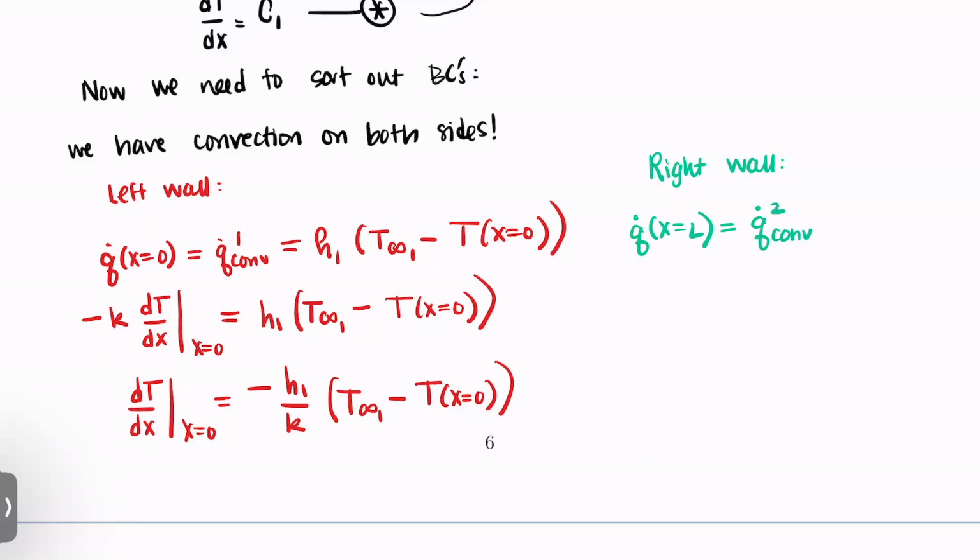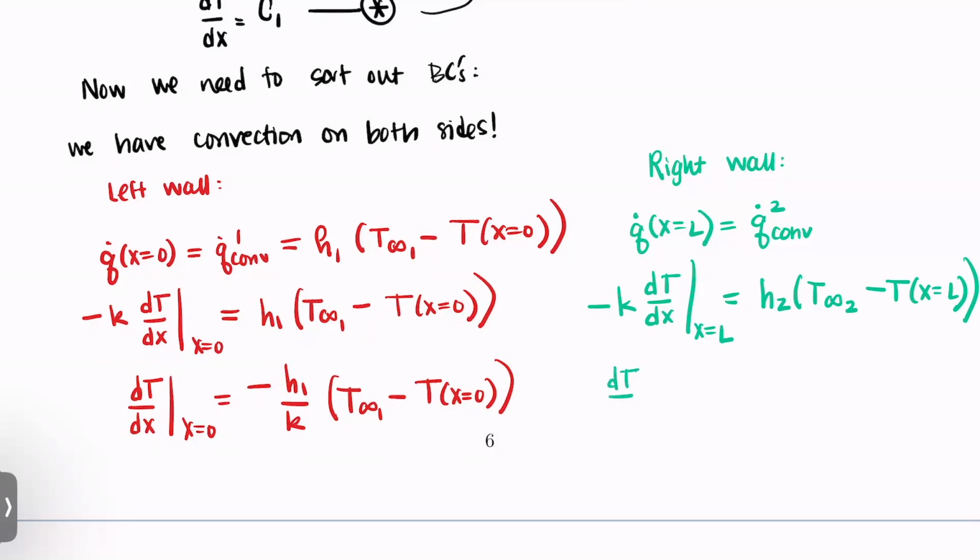In the conduction part of the wall, we have minus K dT/dx evaluated at x equals L. And our Q dot convection 2 is H2 times T infinity 2 minus T at x equals L. Again, I'm going to move the minus K over to the right-hand side. So I have dT/dx at x equals L is equal to minus H2 over K times T infinity 2 minus T at L.